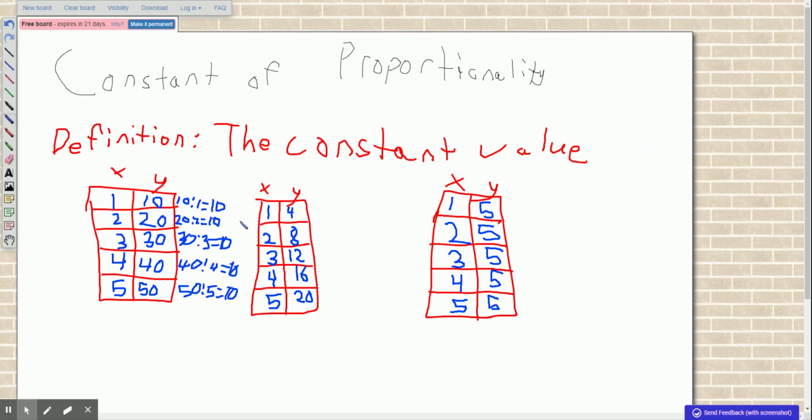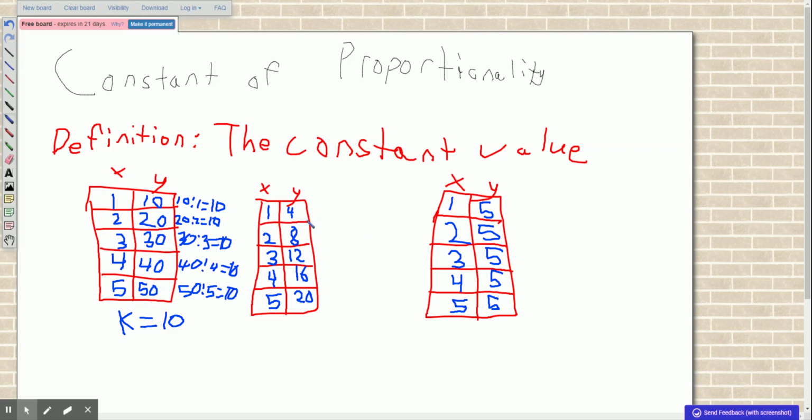And because each one of these has the exact same ratio, that makes this the constant of proportionality. And so we would write that as K is equal to 10. So this set of information has a constant value throughout each one of these rows.